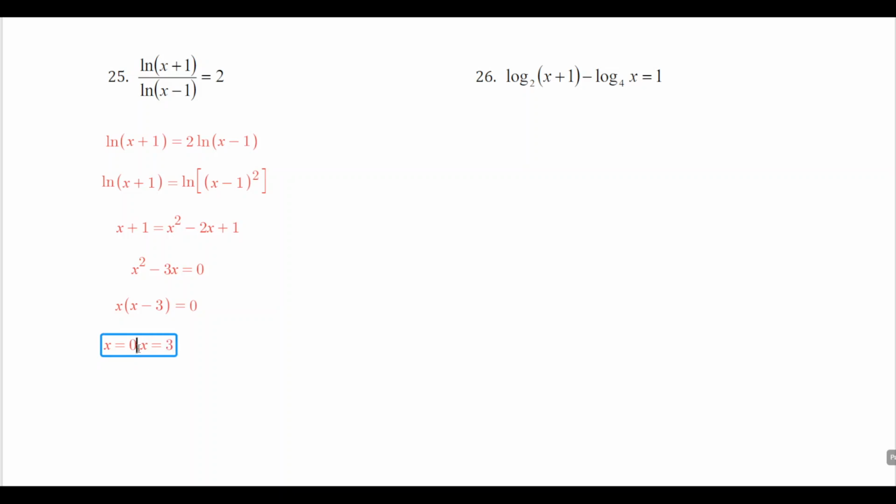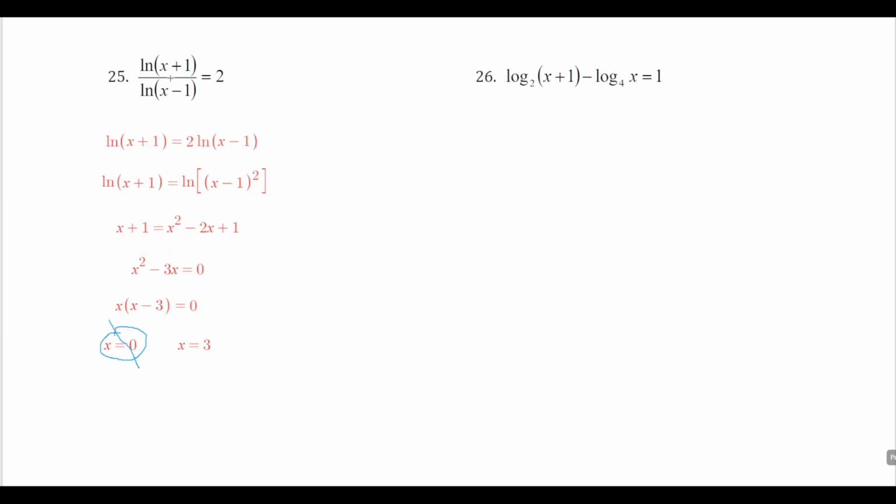Now let's do our little domain check here. If I plug in 0, I do run into problems: 0 minus 1 is negative up here. So 0, unfortunately, is going to be extraneous.